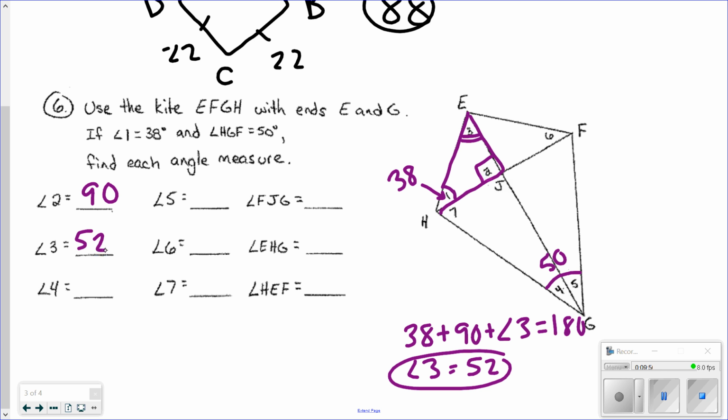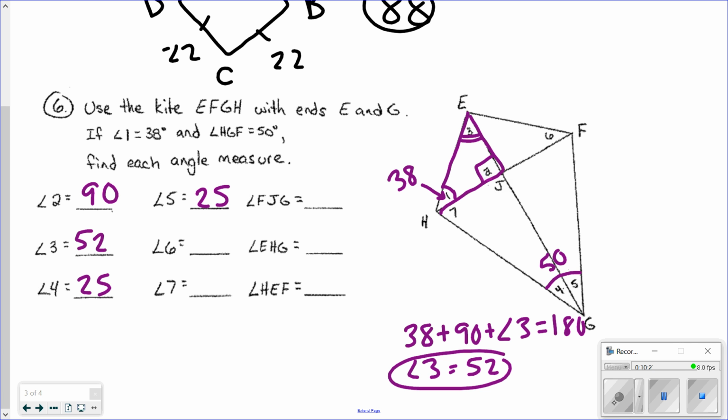Now angle 4. We have our diagonal here once again that goes through angle G, which creates two angles, angle 4 and angle 5. This diagonal is going to bisect angle G in half. So angle 4 is going to be half of 50, which is 25. If angle 4 is 25, angle 5 is also 25.